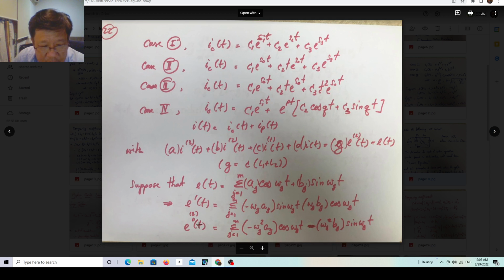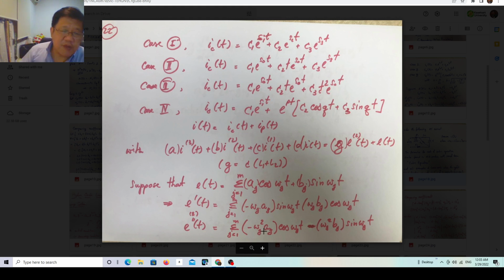So this is the resulting last line we're going to put here. You can see that because it's a sinusoidal function, no matter how you find the derivative, if you have cos and find the derivative, it becomes sine. You have sine, you find the derivative, it becomes cos. So the type of function doesn't change.